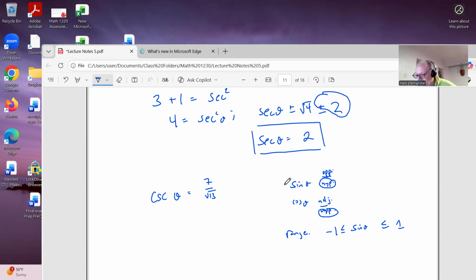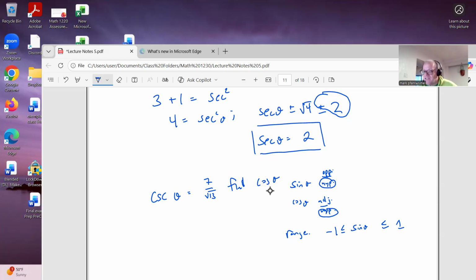So we have cosecant, and what did they want me to do? They wanted me to figure out what the cosine was. Find cosine. Well, I have secants and tangents as my Pythagorean identities, and cosecants and cotangents, but we don't have anything that relates cosecants and cosines.